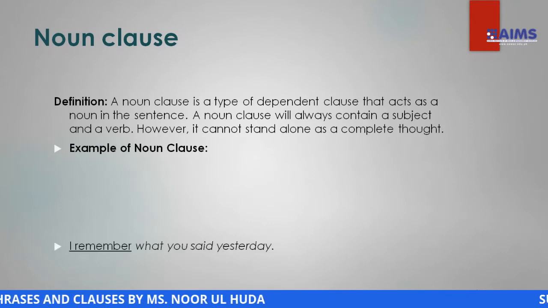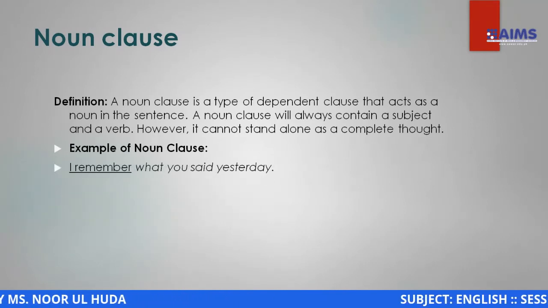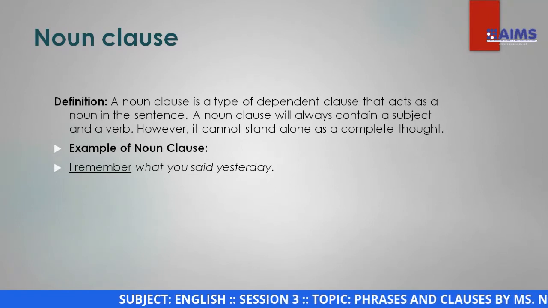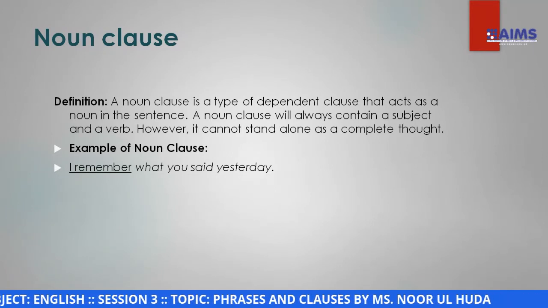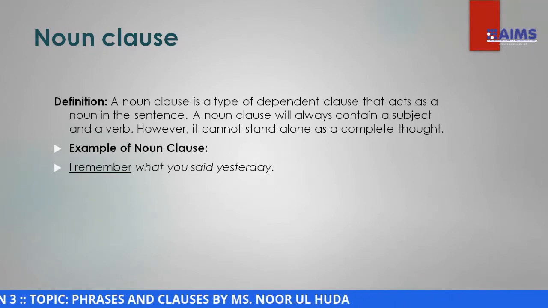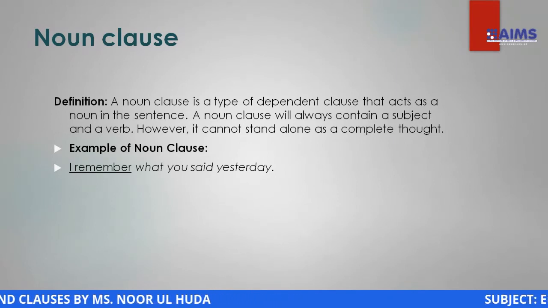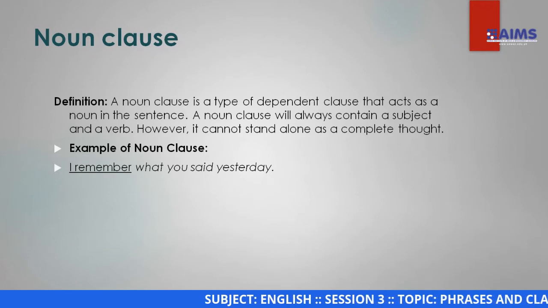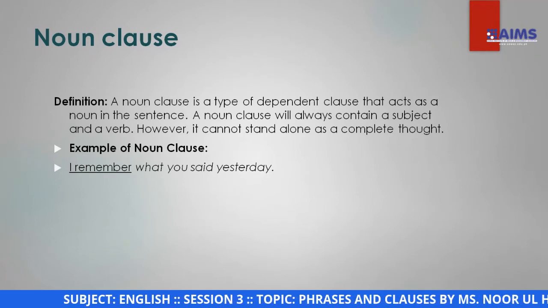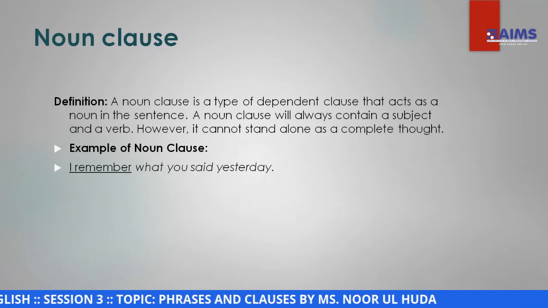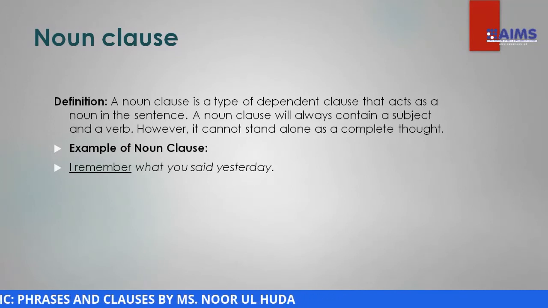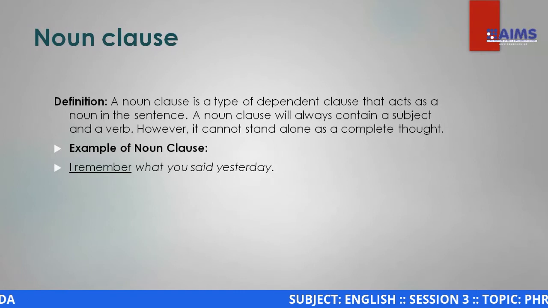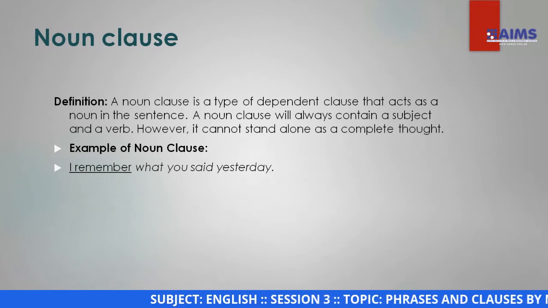Example of noun clauses: I remember what you said yesterday. Actually, "I remember" is a complete thought. "What you said yesterday" is something I am classifying as a noun, but it has "you" and "said", meaning there is a subject and also a verb. That is why I am classifying it as a noun clause, not a noun phrase.